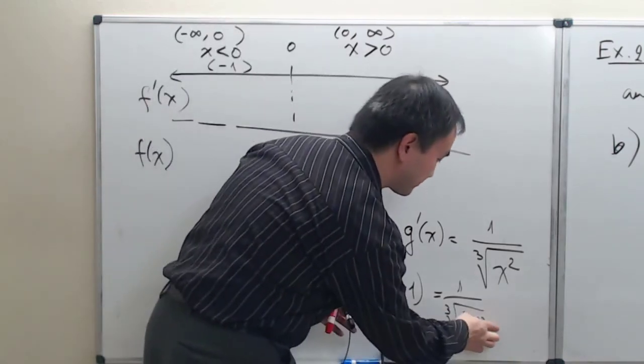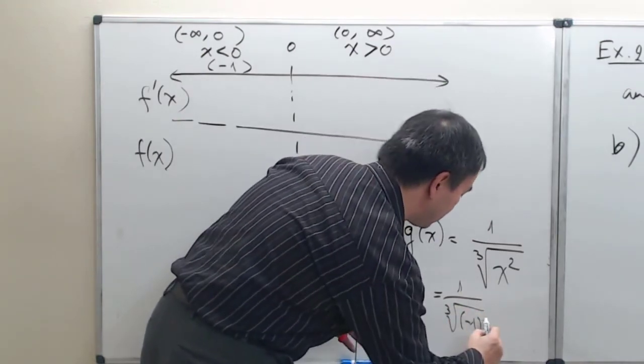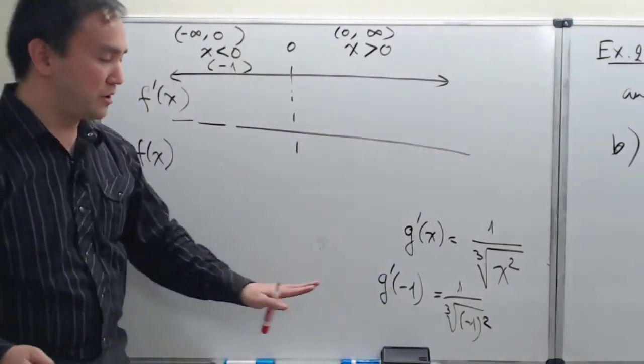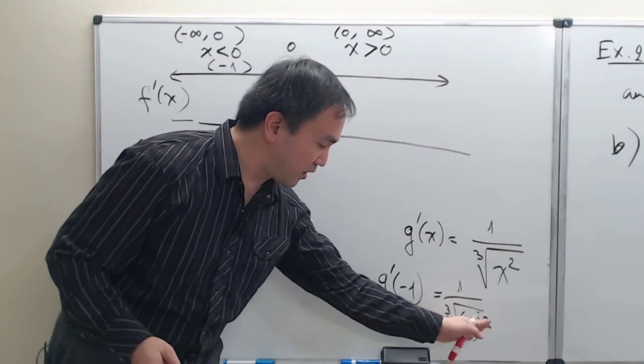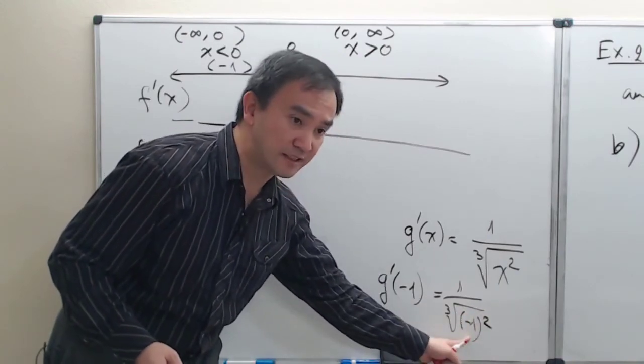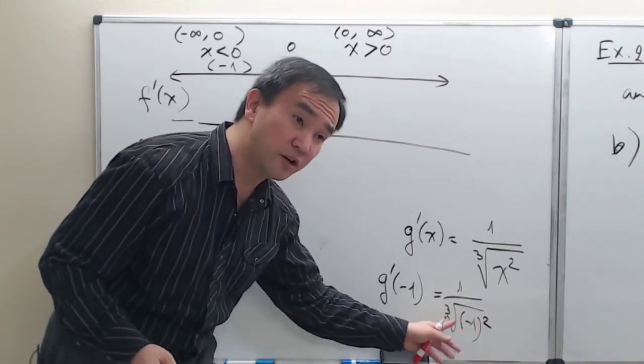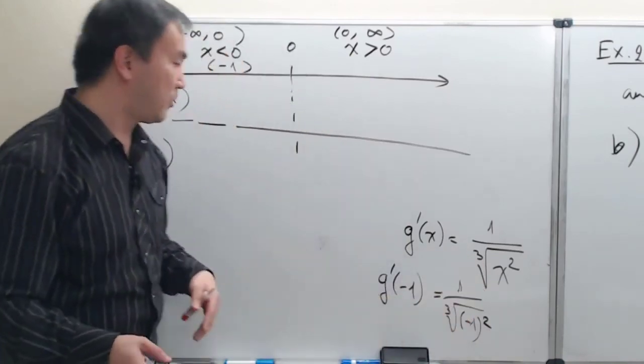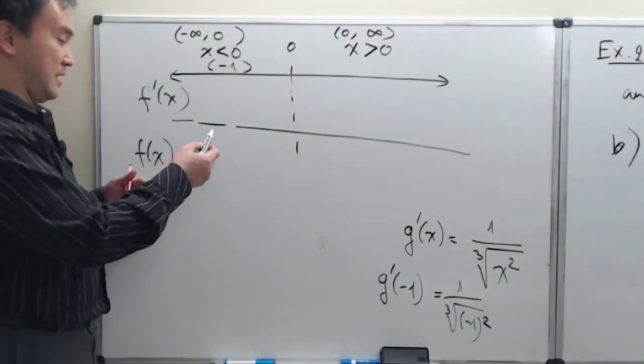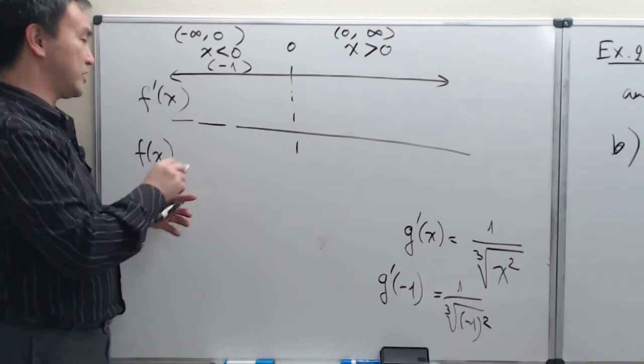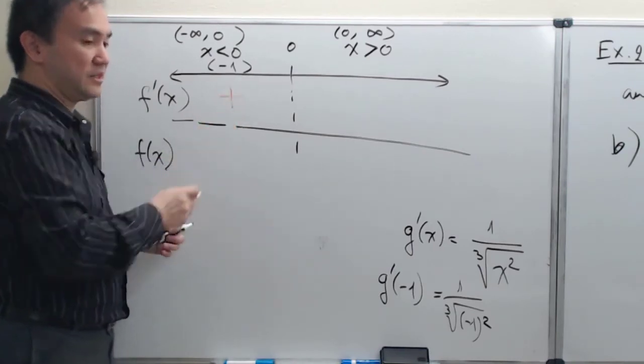All right, so -1 squared is going to force that to become positive, and taking the cube root of 1 is 1. So 1 divided by 1 is a positive answer. Here the sign of the derivative is positive for sure.